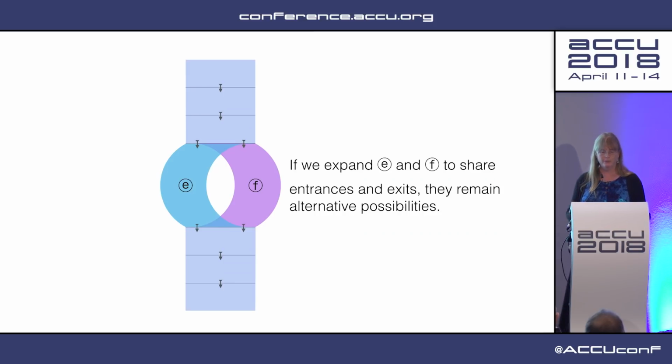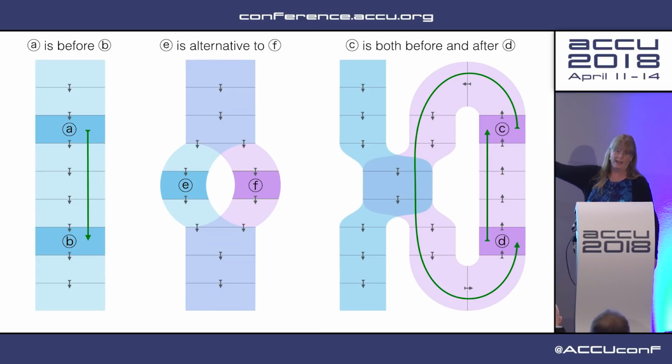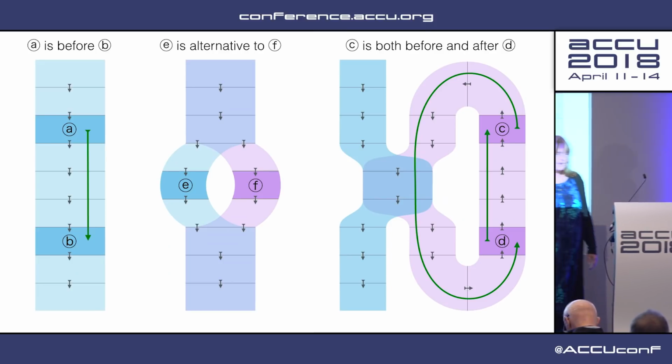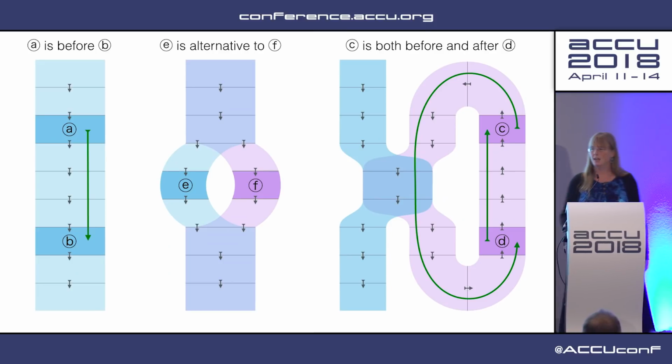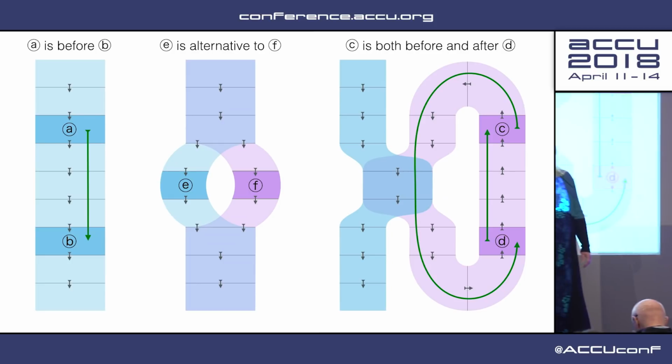They're alternatives. So we have three ways to see connection here: before and after, alternatives, both before and after. These are all ideas of connection or disconnection in time. And I want to make that point, this one in the middle, alternatives.